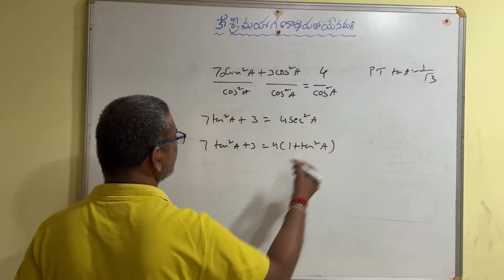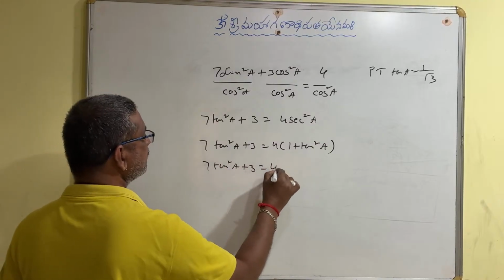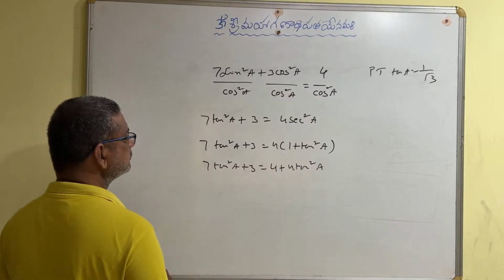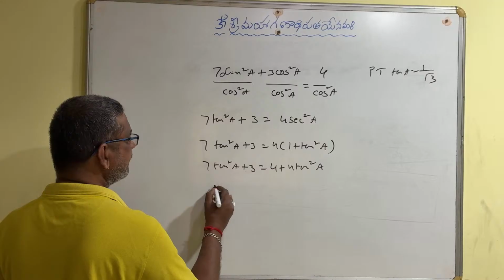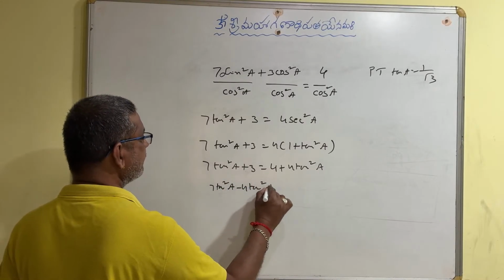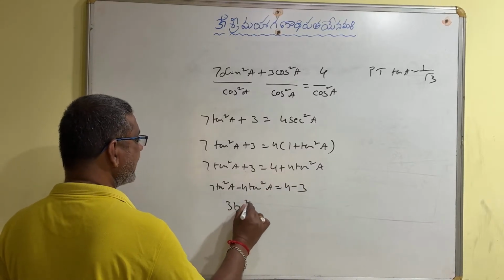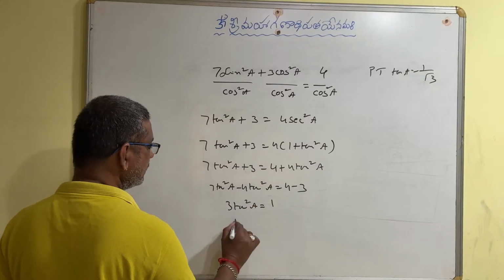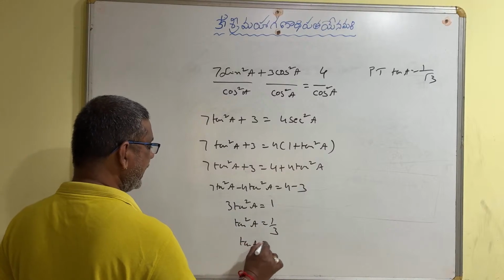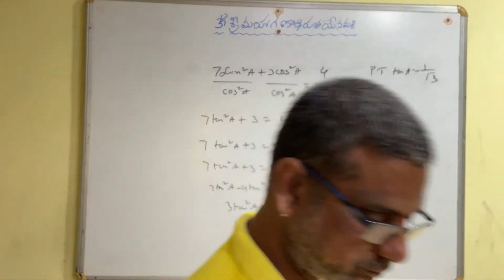Now simplify: 7 tan square a plus 3 equals 4 plus 4 tan square a. Like terms on the same side: 7 tan square a minus 4 tan square a is equal to 4 minus 3. 3 tan square a is 1. Tan square a is 1 by 3. Then tan a is 1 by root 3. The problem is done.